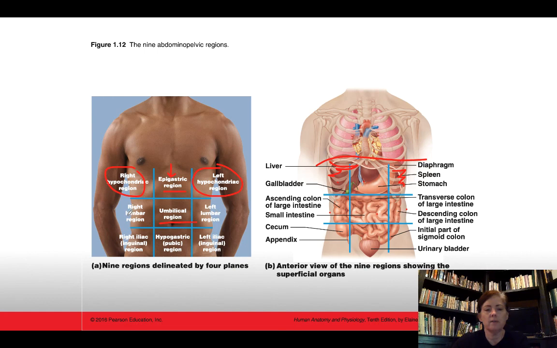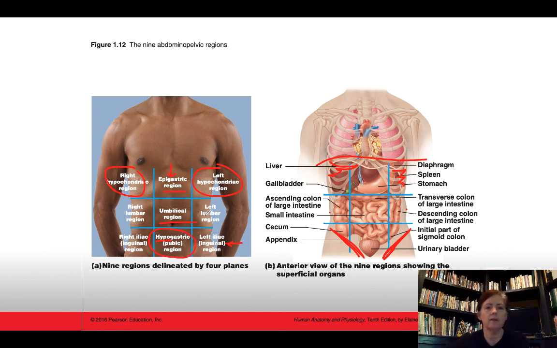Left and right lumbar region, and then right iliac or inguinal region, left iliac or inguinal region, because if you look back on your body regions, this area right here, this kind of fold in your leg, if you bend your hip up, you see that kind of crease that's formed there. That's called the inguinal region. And then hypogastric. Hypo means below, so below the stomach, hypogastric or pubic regions.